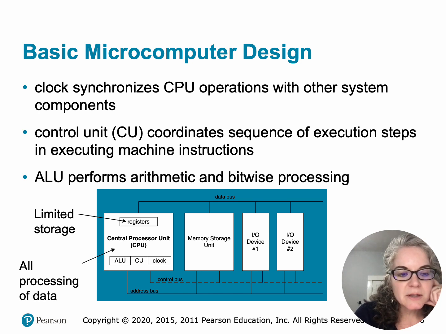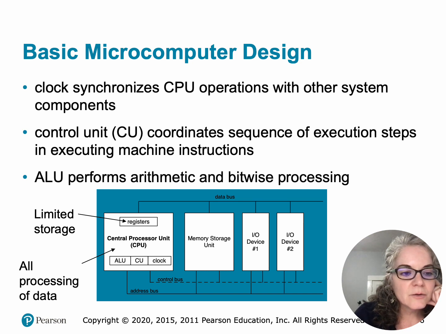Then the CU, the control unit, coordinates the sequence of execution steps in executing machine instructions. So the control unit is the one that coordinates the instructions in your programs, the machine instructions.